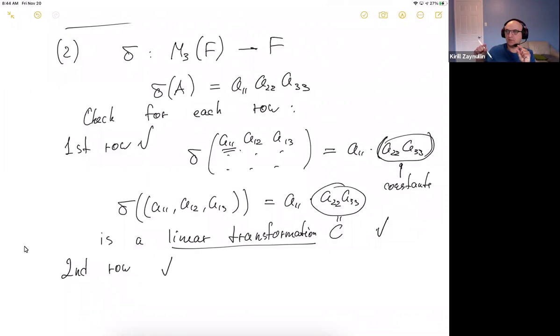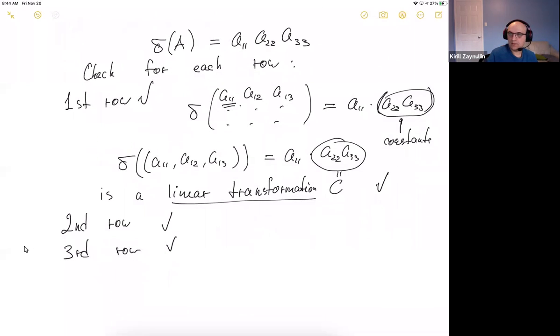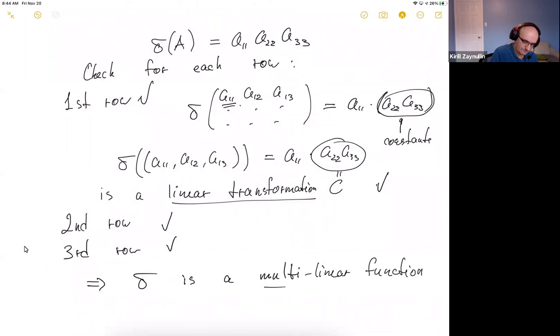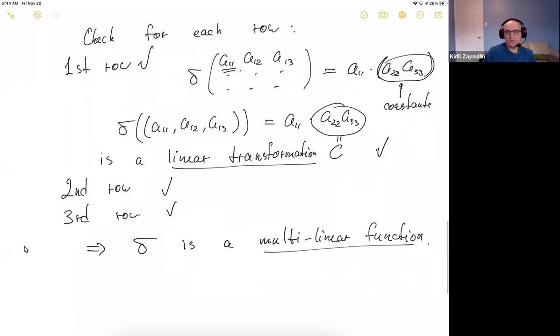Again, you just fix the second row and you send it to this A22 times the product of other two entries, which is a constant, which does not change. So it's again a linear transformation, and as well as the third row. And since all of them are linear transformations, delta is a multilinear function. Okay, so this finishes question 2.